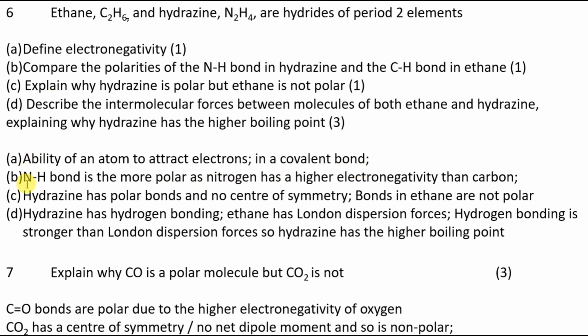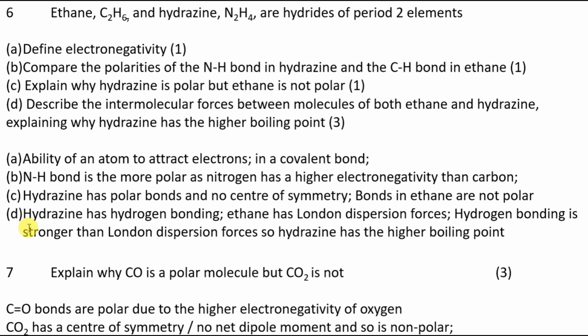For B, the NH bond is the more polar as nitrogen has a higher electronegativity than carbon. Nitrogen is further towards the right-hand side of period 2. C, hydrazine has polar bonds and no center of symmetry, but the bonds in ethane are not polar.